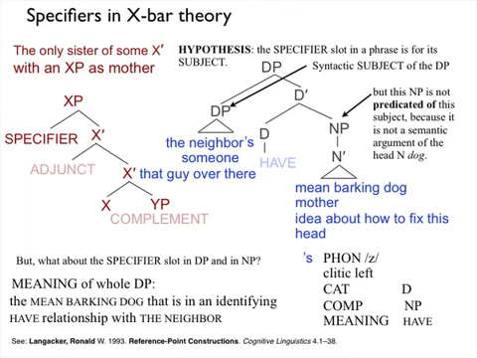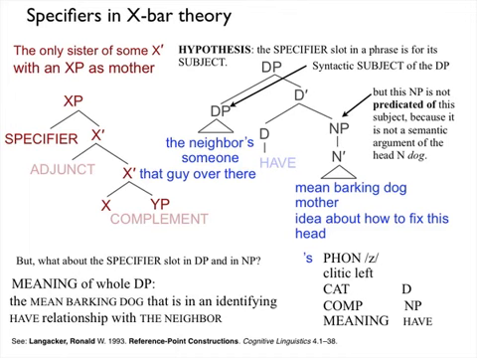And that's in part because kicked has two semantic arguments, the agent and the patient. In the neighbor kicked the mean barking dog, the neighbor would be an argument of kick.